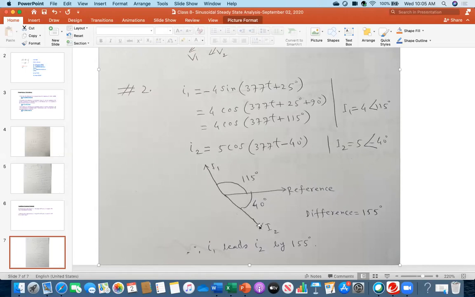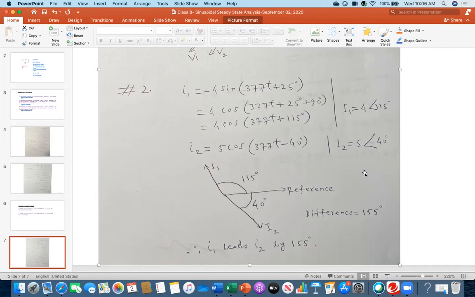Clearly, this has gone clockwise and this one has gone anti-clockwise. So definitely I1 leads I2, but by how much? The difference from here to here is this angle plus this angle, 155 degrees. So the conclusion: I1 leads I2 by 155 degrees.